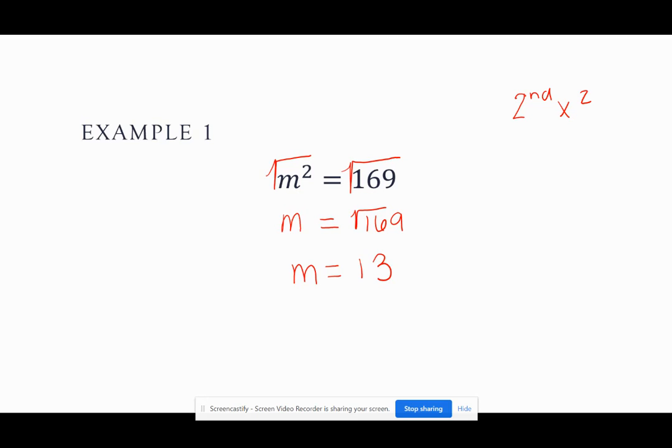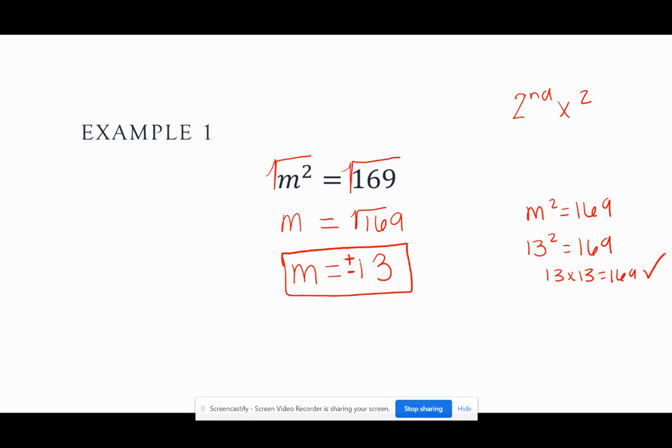The last step is that I have to put the plus or minus sign. So I put my plus or minus sign, and then I box my answer. That plus or minus sign is just saying, if I say m is positive 13, then with m squared equals 169, it holds true, because 13 times 13 is 169.